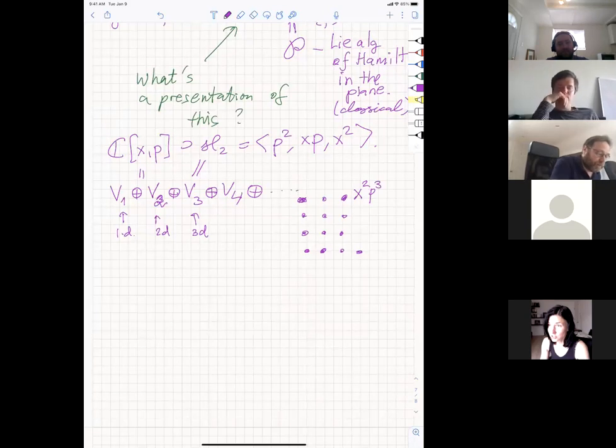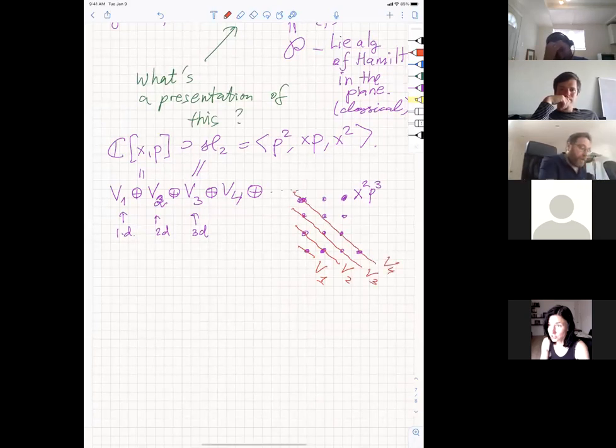Then this is V1, this is V2, this is V3, this is V4, and so on. This is a grading, and the commutator is SL2 equivariant.